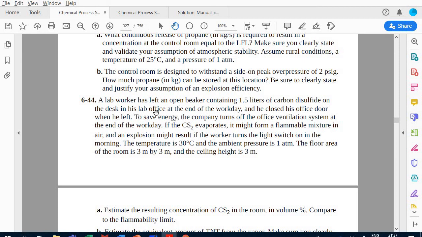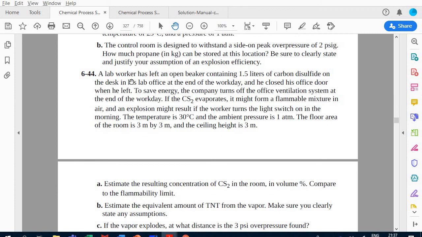Just to get an idea, 6-44 says a lab worker has left an open beaker with 1.5 liters of carbon disulfide on the desk in his lab office at the end of the workday. He closed his office door when he left. To save energy, the company turns off the office ventilation system.